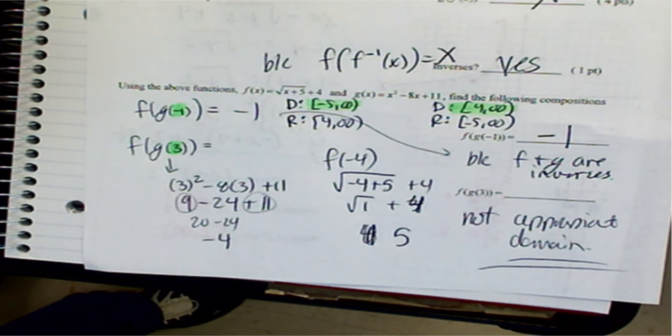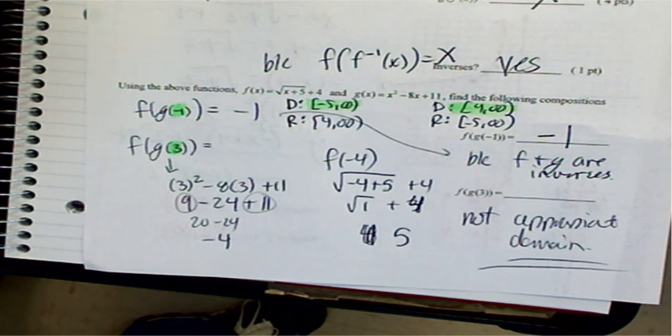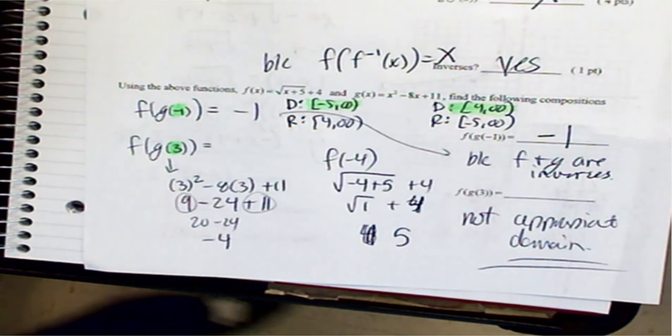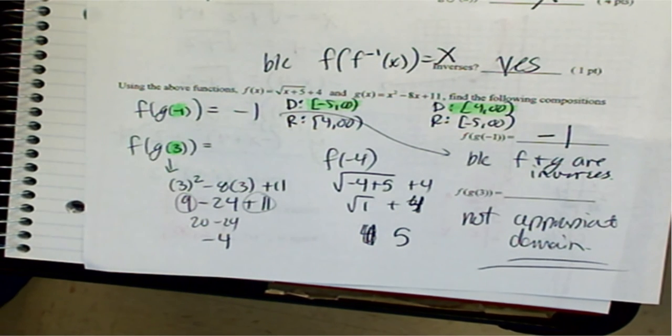If I'm going to plug into g, I have to pick numbers that are 4 to positive infinity. That was my mistake. I'm picking numbers that weren't going to work. These are only inverses on this domain. I should have picked numbers that were 4 to positive infinity. Otherwise, they're not actually inverses.